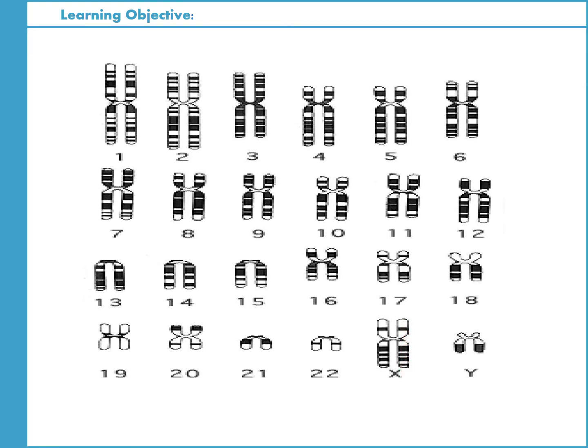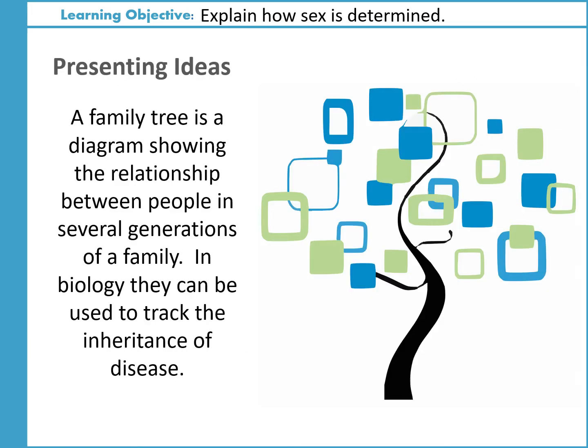If we look at the Y chromosome here, you can still see it is slightly an X shape, but it is much, much smaller than the X chromosome, which has a lot more genetic information on it than the Y. And this is quite often why genetic conditions are more likely to occur in males, because they don't have parts of that genetic information from the mother on the second chromosome.